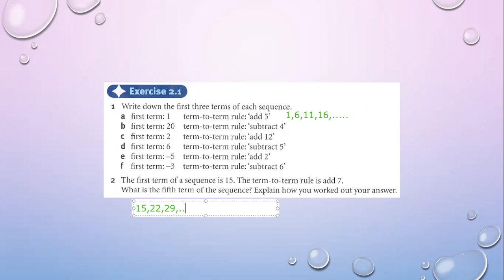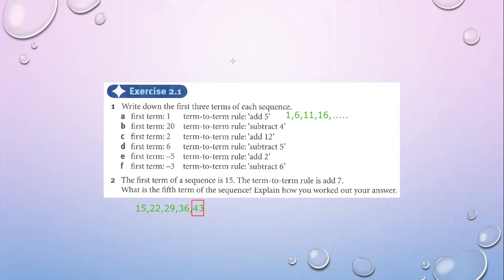Adding to 29 gives 36, and adding 7 again gives 43. So our fifth term is 43. Like that you solve this part. I will just circle this one, the fifth one.